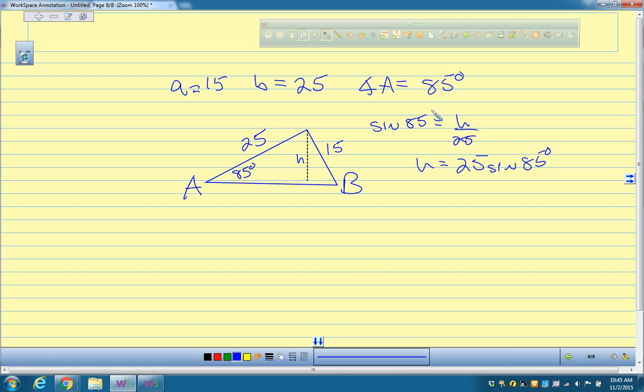That's degrees, that's degrees. Okay? And I get H is about equal to 24.9. 24? Oh no. Oh, I was looking at the wrong thing.